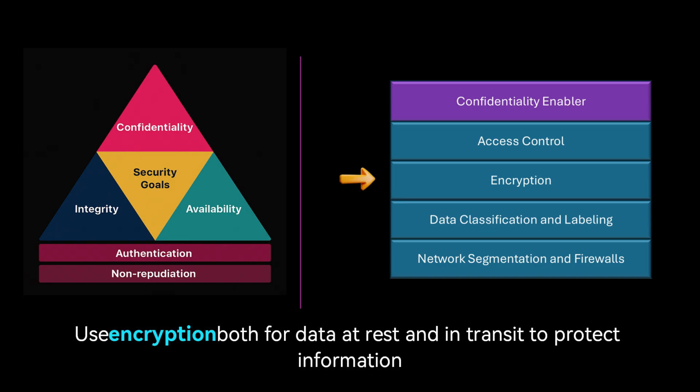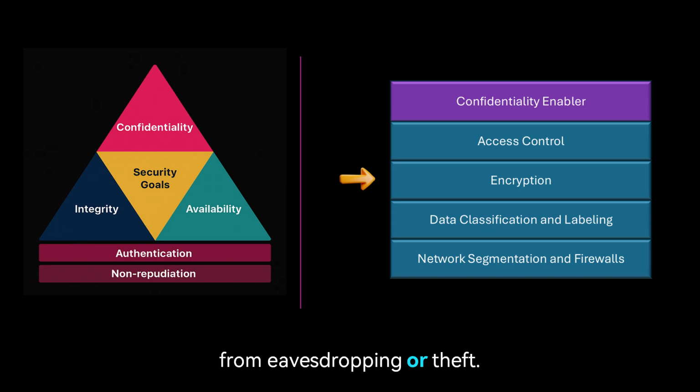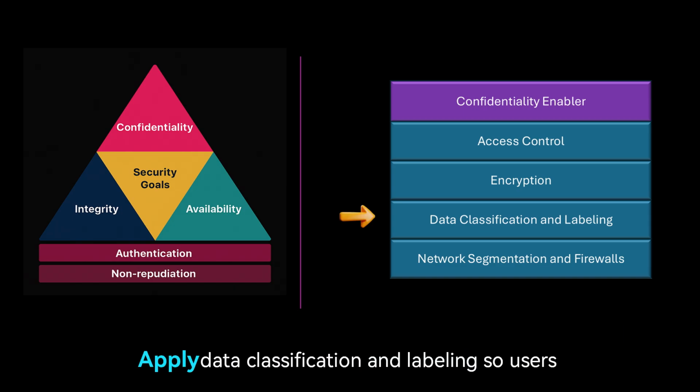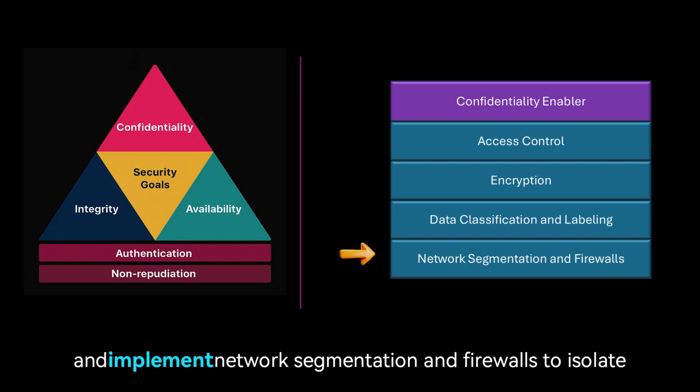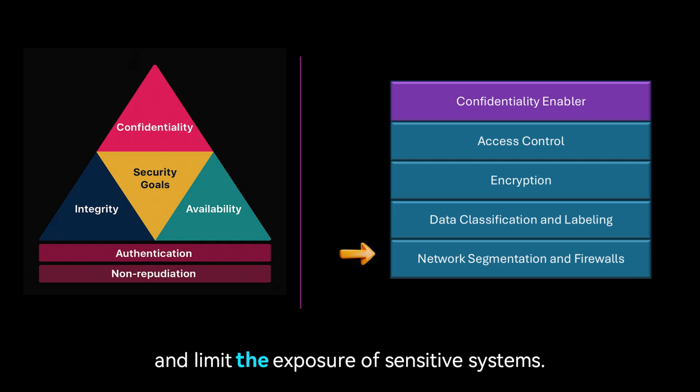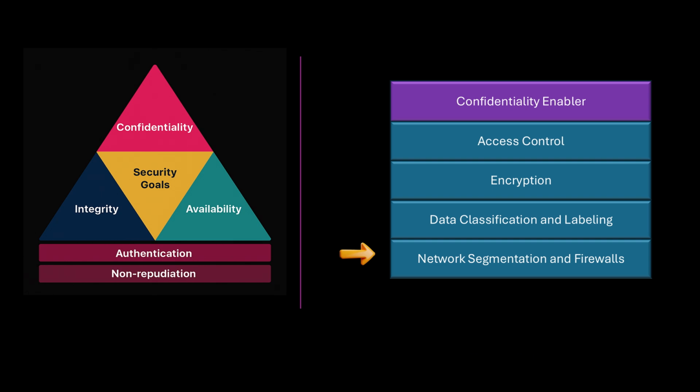Use encryption, both for data at rest and in transit, to protect information from eavesdropping or theft. Apply data classification and labeling so users and systems know how to handle different types of data appropriately. And implement network segmentation and firewalls to isolate and limit the exposure of sensitive systems.